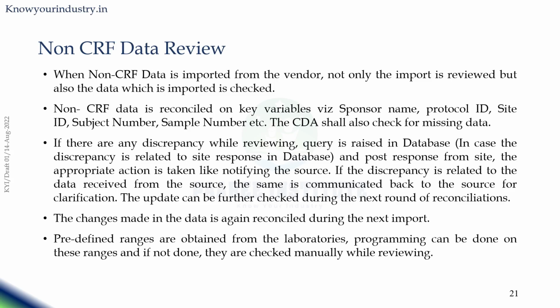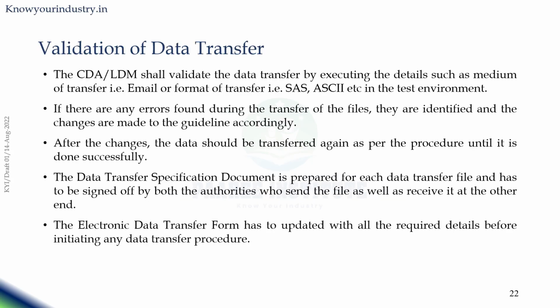For predefined ranges obtained from laboratories, programming can be done on these changes. If not done, then they have to be checked manually while reviewing. Validation of data transfer. When the data is transferred, the same also needs to be validated.